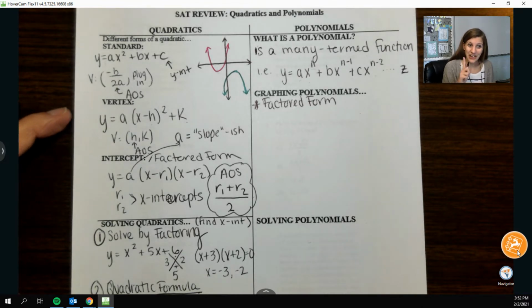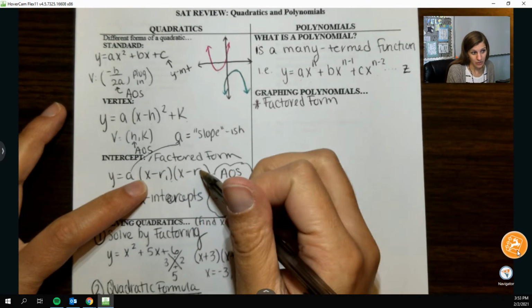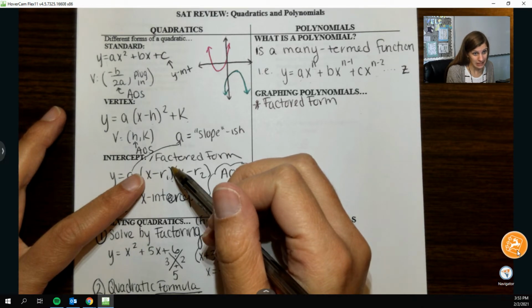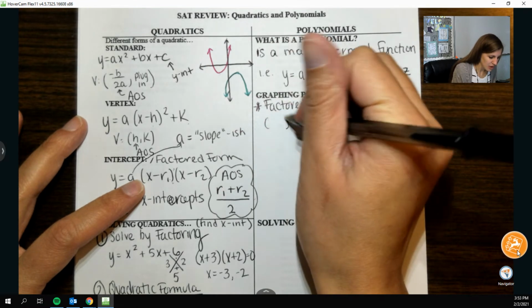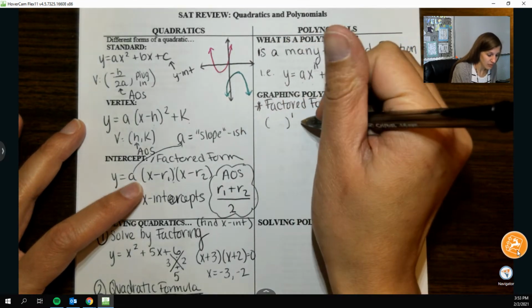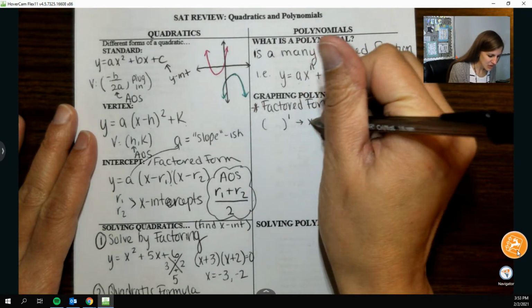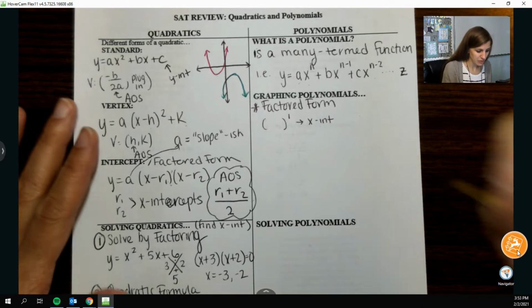But there's another thing to consider now. So here, when I was in factored form, this was raised to a power of 1. We didn't really see it, but if your parentheses or your factor is raised to a power of 1, or something that I don't see, then that x-intercept will have a line crossing right through it.